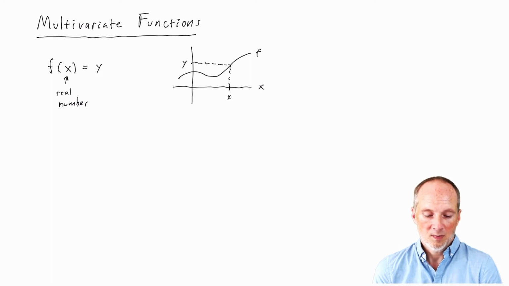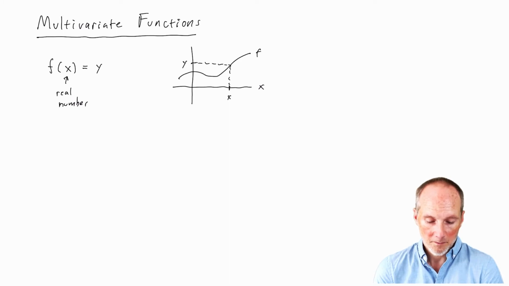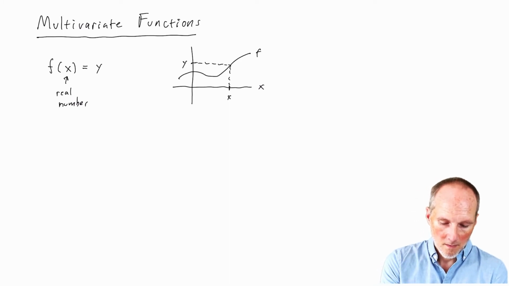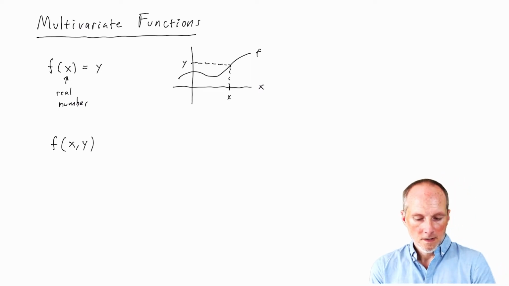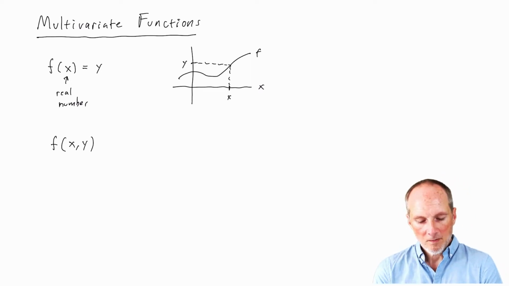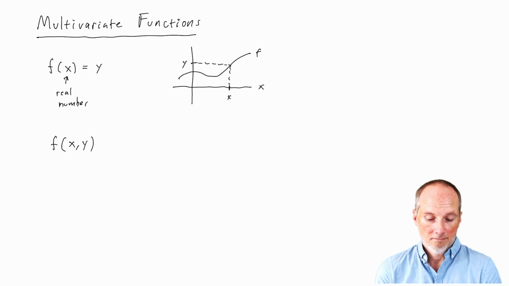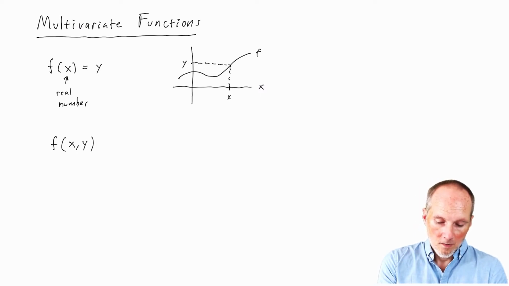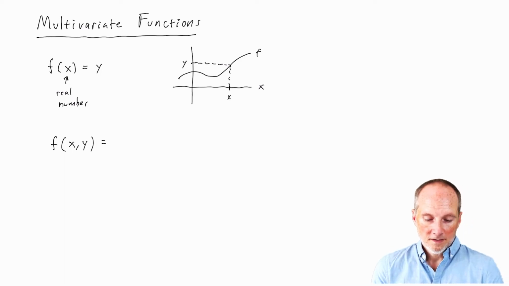Well, you could plug in not just one number, but how about a pair of numbers? Okay, well, that's fine. You can plug in a pair of numbers, and then it gives you something back.